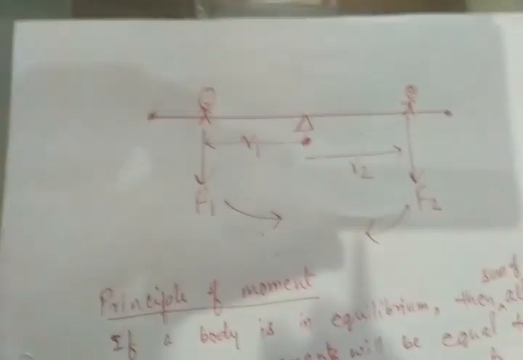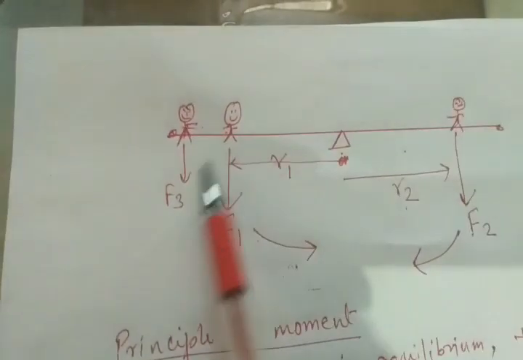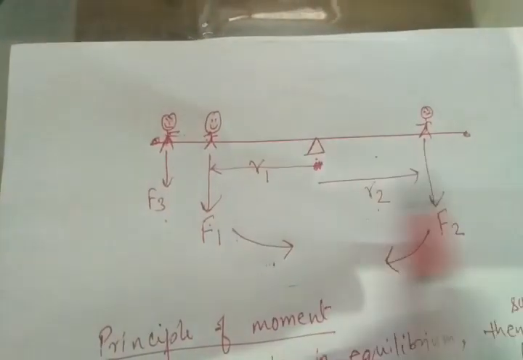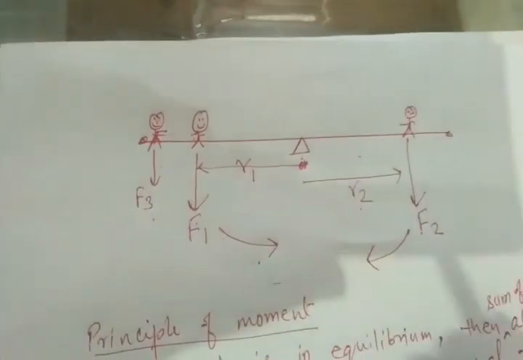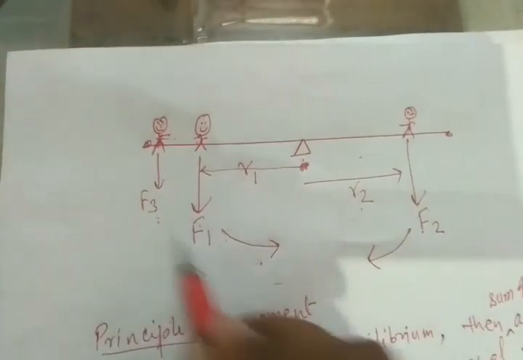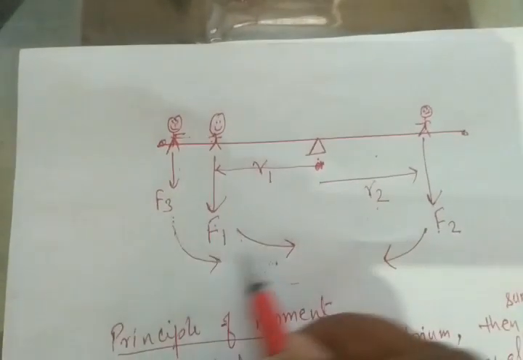But what if one more person is sitting and the scale is still balanced? Suppose one more person is sitting with force F3 and the scale is still in equilibrium. In which direction will it turn? In the same direction as F1, the anti-clockwise direction.